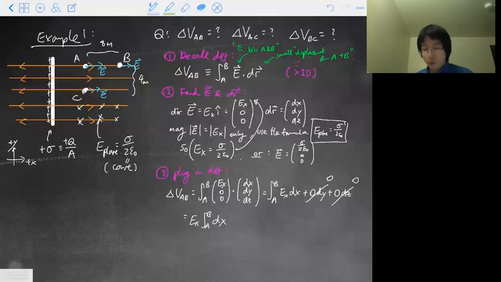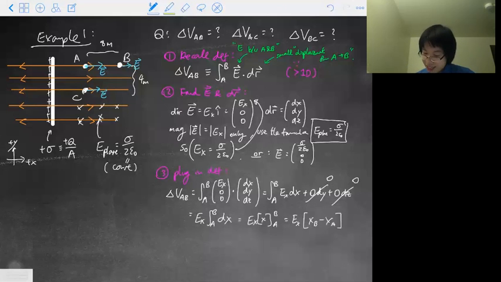And what is the integral of dx? Well, it's just x from A to B. Now you plug things in: xb minus xa. You can see this is actually delta x, but we'll keep it that way. So what is xb minus xa? Which side is x? This side is the x coordinate.